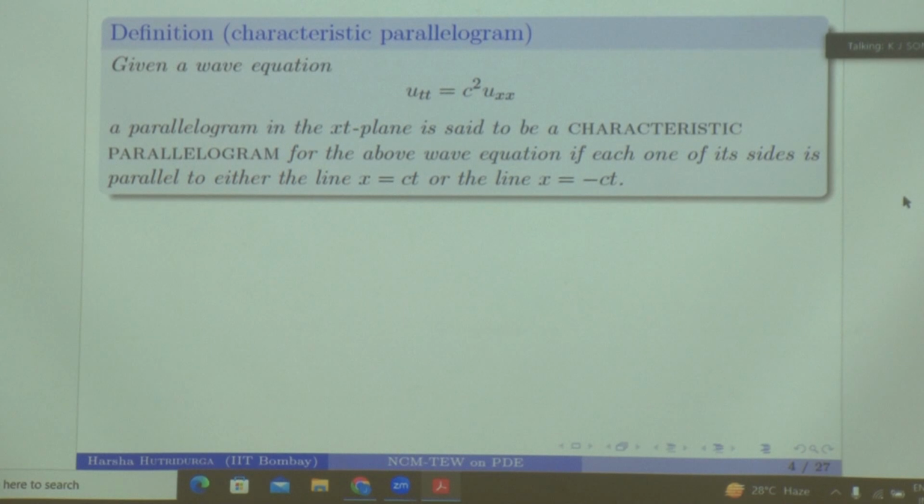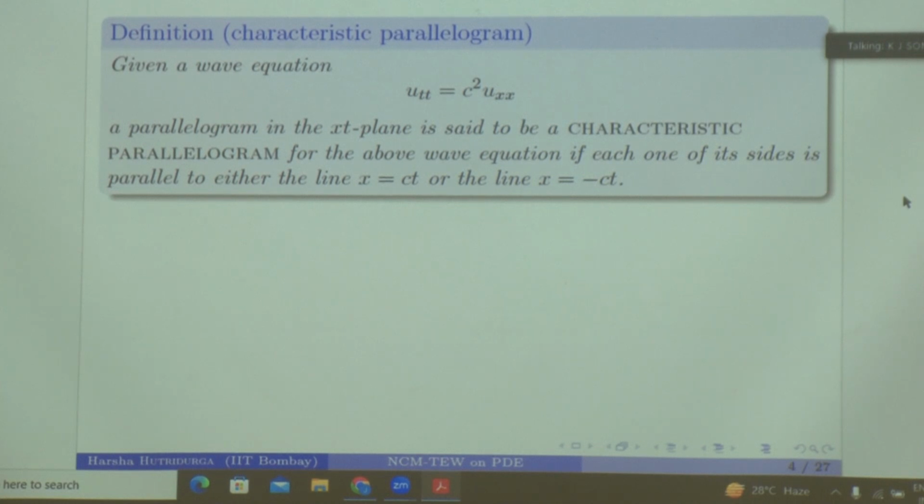So there can be infinitely many characteristic parallelograms. The way I have written it looks like a square, but it need not be. It can be anything. For example, I draw one here. It need not always be here. This is parallel to this red line, and this one too. So that's a characteristic parallelogram.